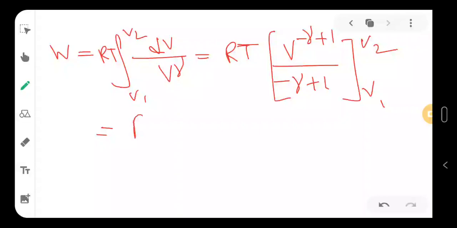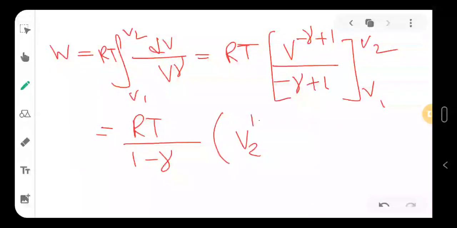If we just put that in, we'll get RT by 1 minus gamma, and then this one we will get as V2 to the power 1 minus gamma minus V1 to the power 1 minus gamma. Okay.